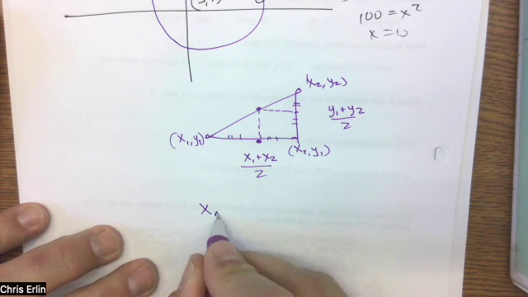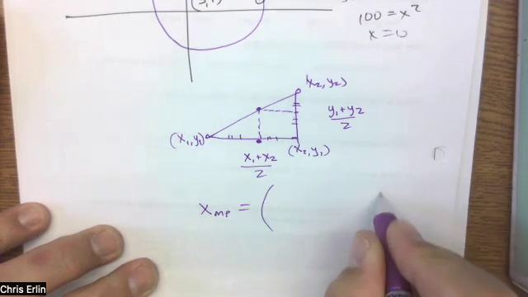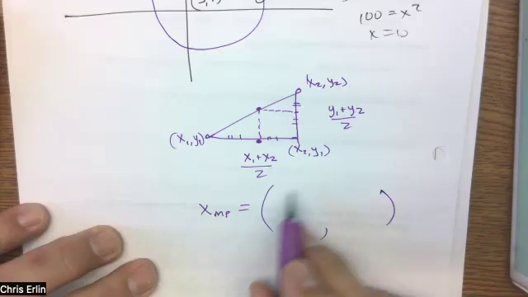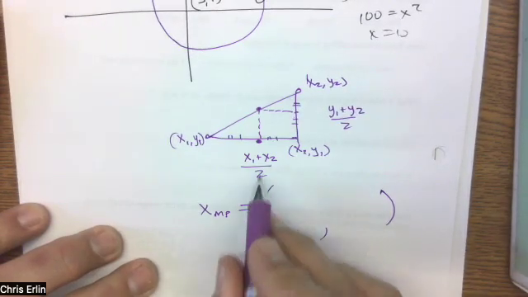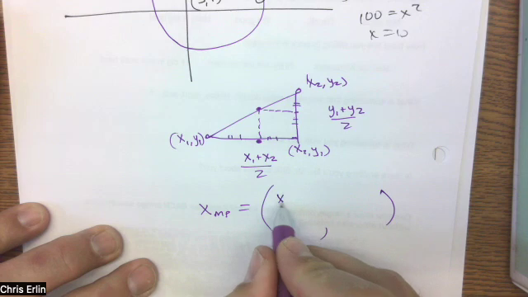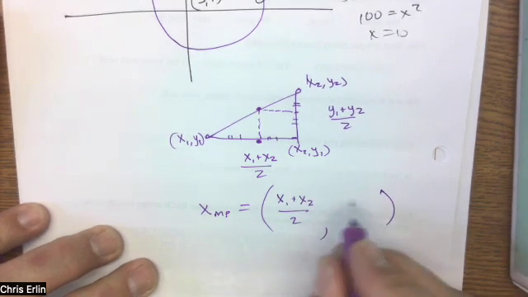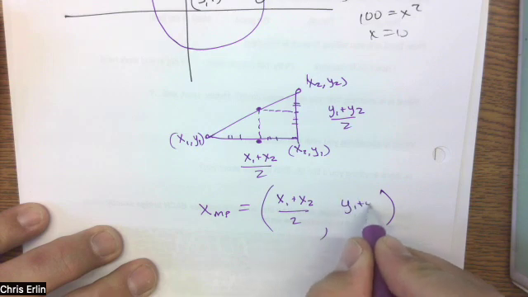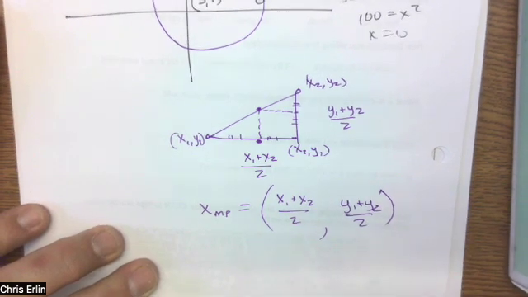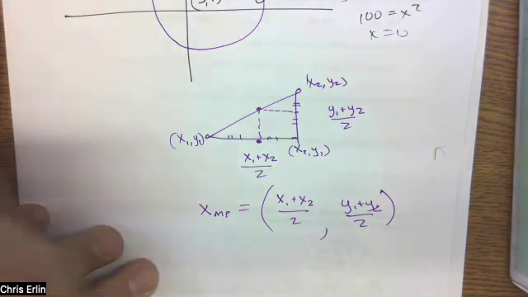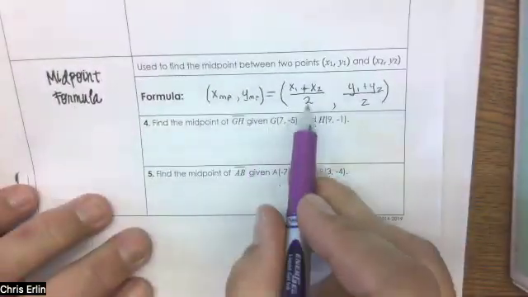So the midpoint is a point, right? It's not a single value. It comes out as a coordinate with two parts. And the x part will be the average of the x values. And the y part will be the average of the y values. So this is our formula.